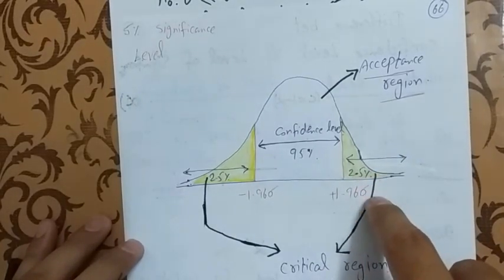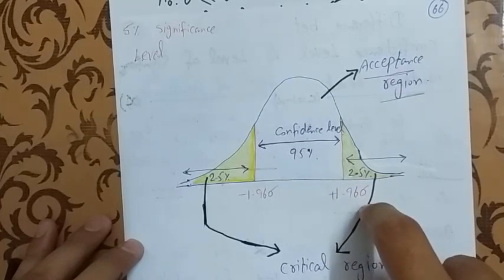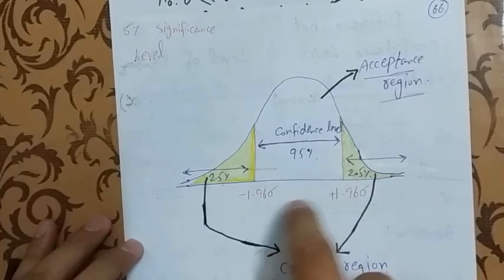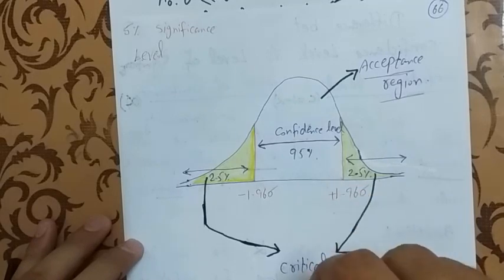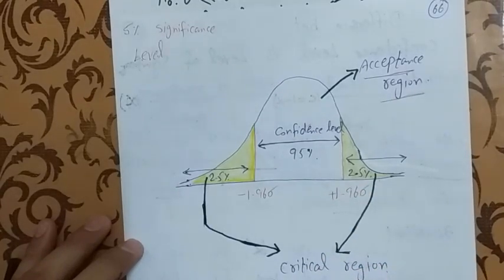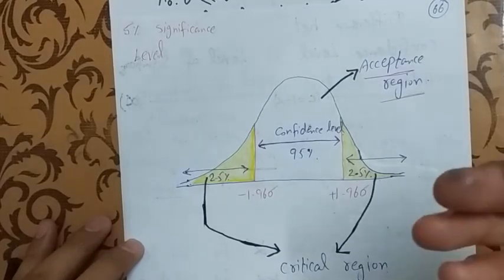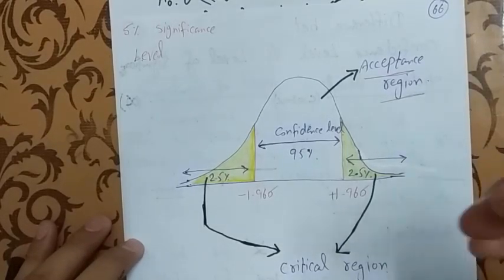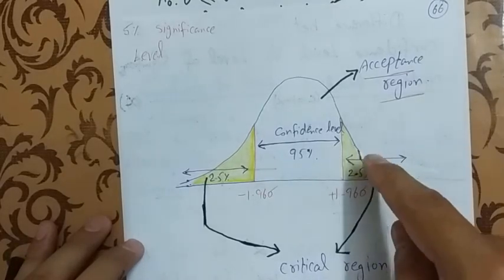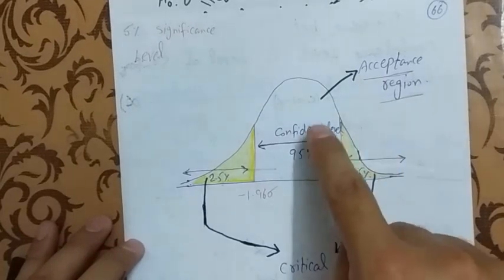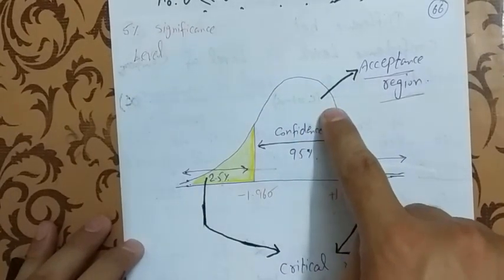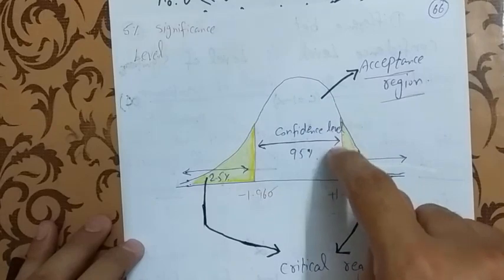We use this graph by using sigma, and you know very well, in a chi-square distribution we find the null and alternative hypotheses about sigma, not about the mean. So these are the critical regions and these are the acceptance regions, and it also shows the confidence level.